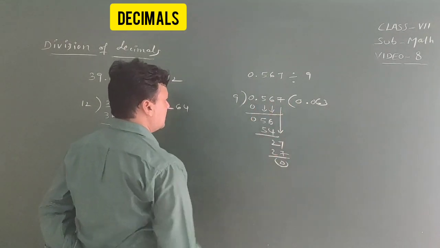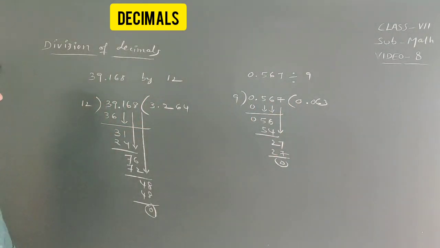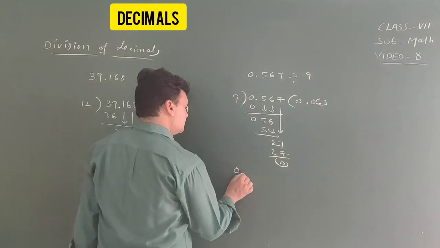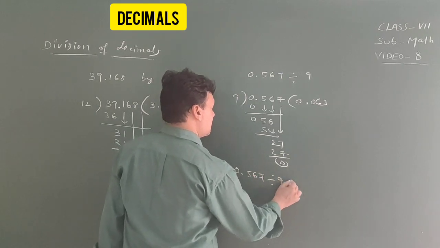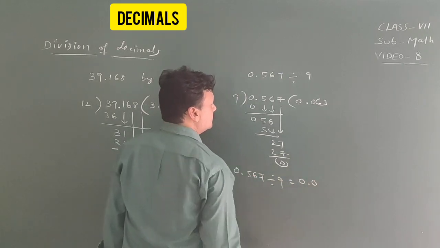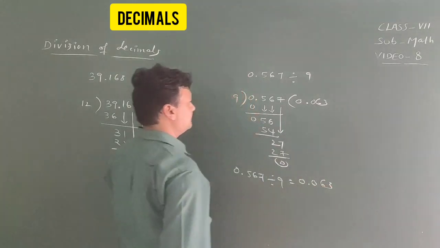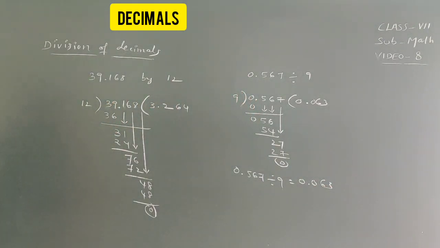Bring 5 first of all. 5 is smaller than 9, that's why we need to bring 6 also. At that situation, we need to put another 0. So 0.567 divided by 9 is equal to 0.063.